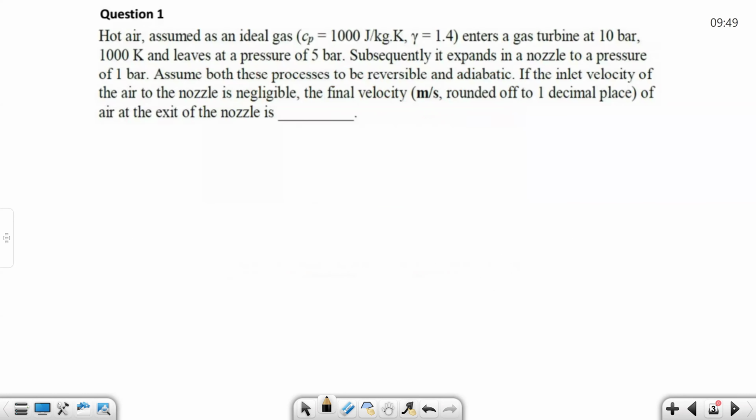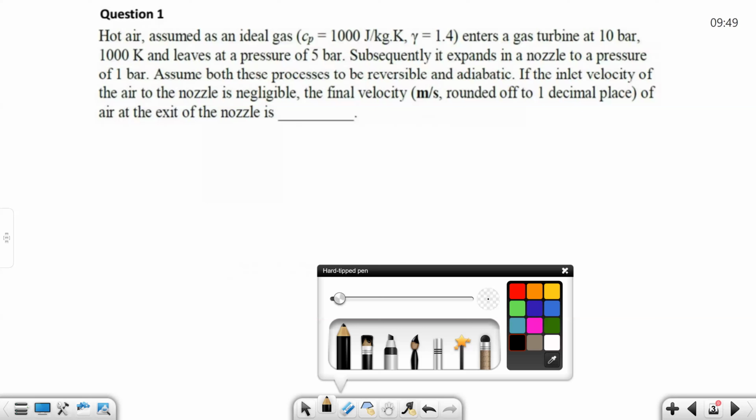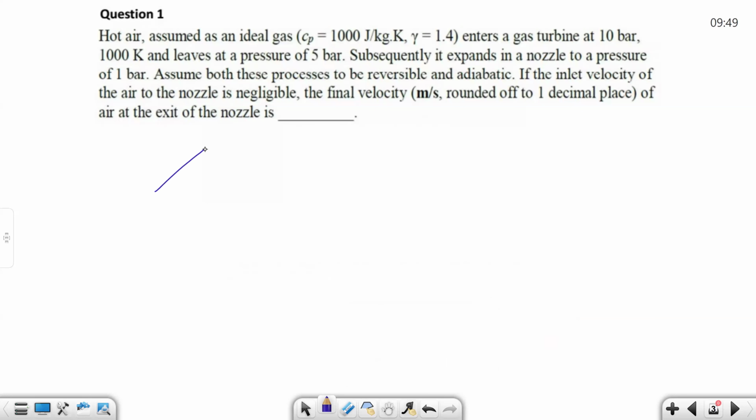So question number 1: a hot air, assumed as an ideal gas with Cp 1000 joule per kilogram Kelvin and gamma 1.4, enters a gas turbine. So this is the gas turbine.